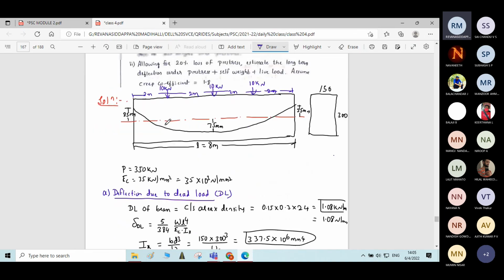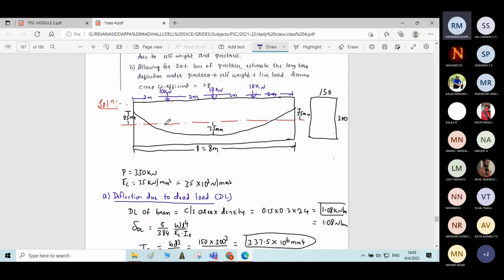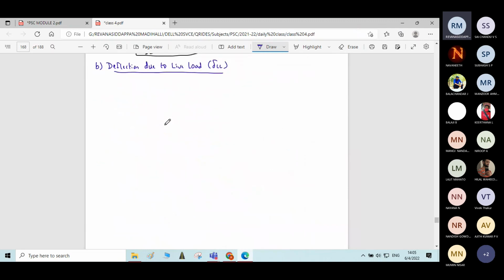Now the live load is 10 kilonewton 3-point loading at 2 meter interval. Let me write the diagram.